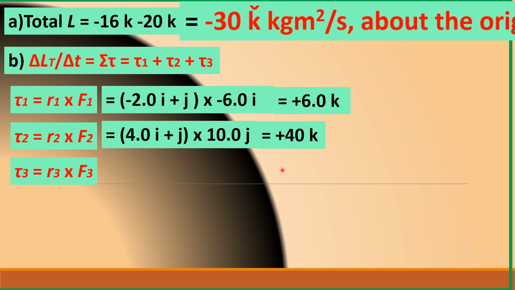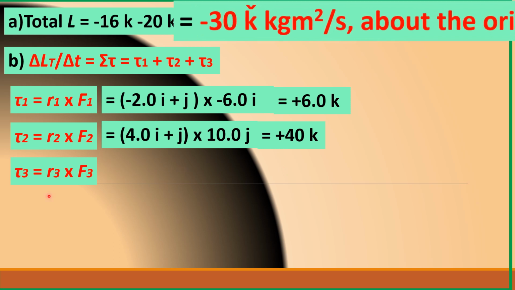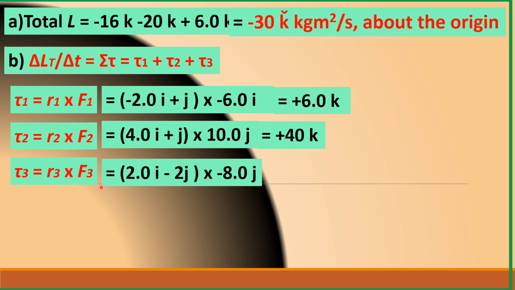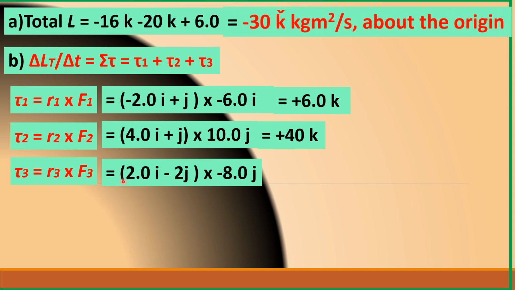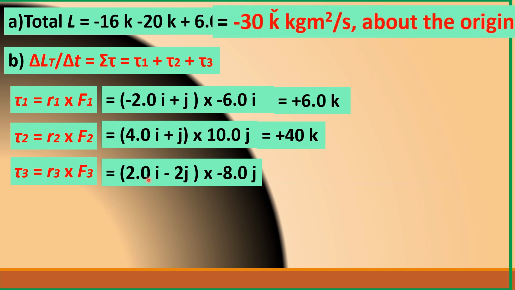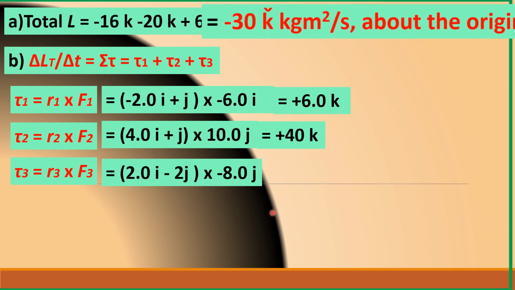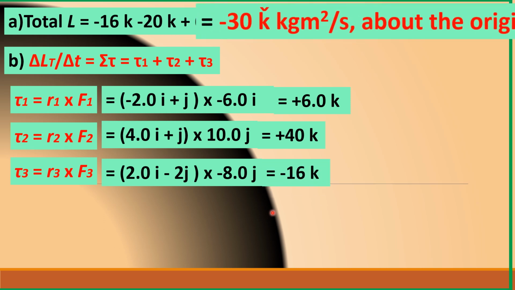And for torque 3, which is the cross product of r3 and F3, substituting, we have 2.0i minus 2j. That's the value for r3 to be cross multiplied to F3, which is negative 8.0j, and our result is negative 16k.